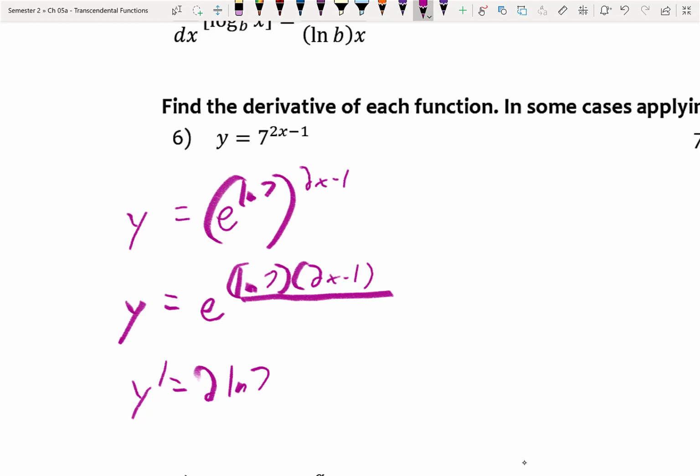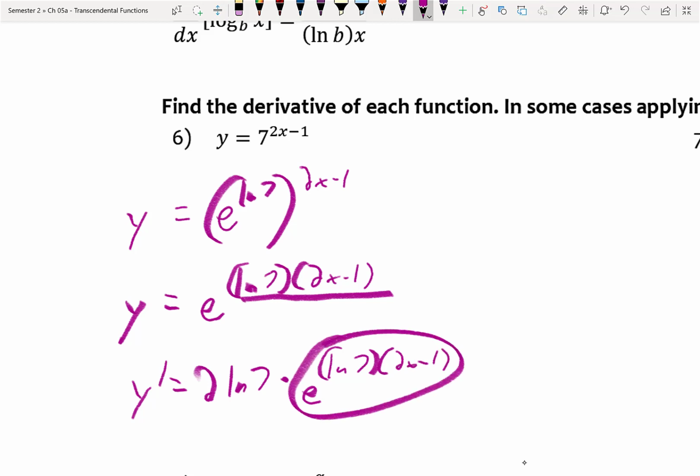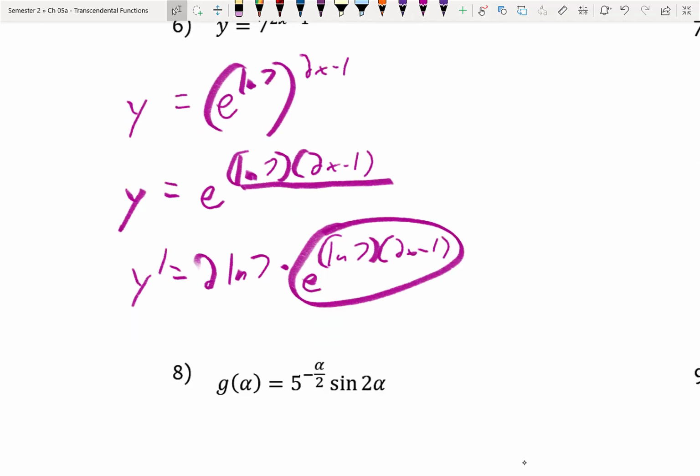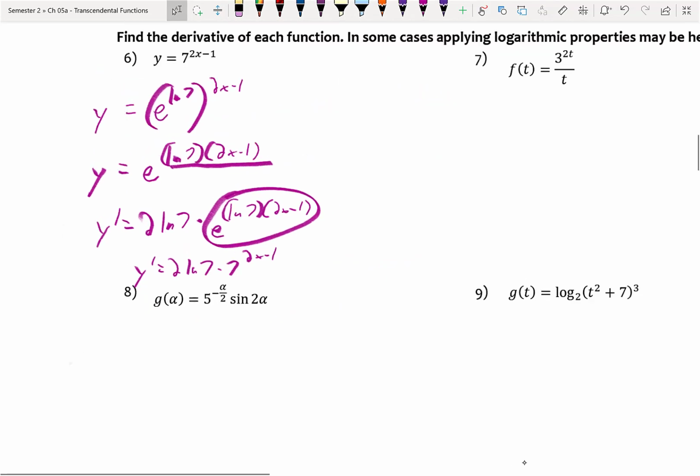So we get that, then times e to the ln of 7 times 2x minus 1. Well, we just said that whole thing is really 7 to the 2x minus 1. So I get y prime equals 2 ln of 7 times 7 to the 2x minus 1. And we're going to skip a lot of that to make this go faster. But that's how this is going to play.